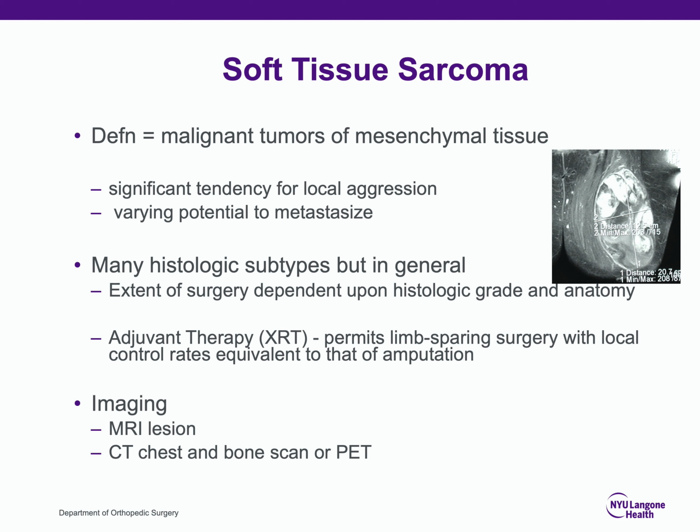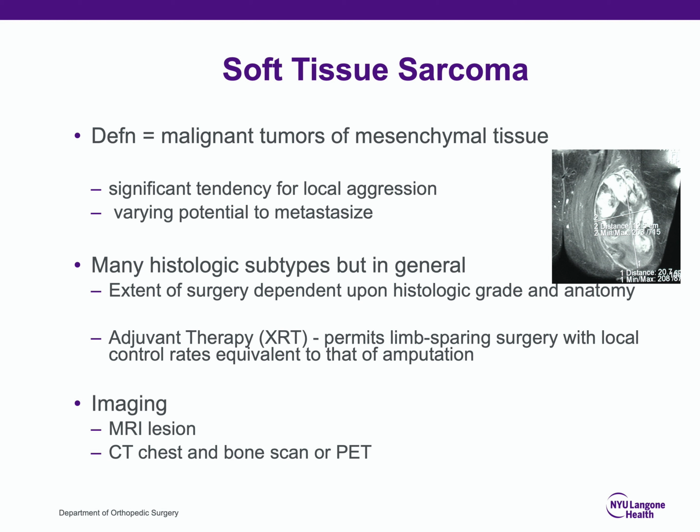As I mentioned, there are many histologic subtypes, but in general, the extent of surgery, and for that matter the extent of treatment, depends on the histological grade and obviously the local anatomy, where the tumor is located. The juxtaposition or lack thereof of neurovascular structures also has implications for surgery.